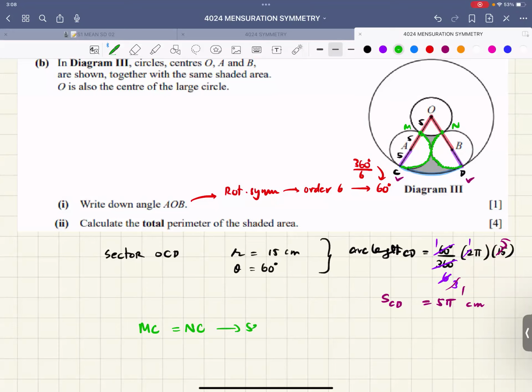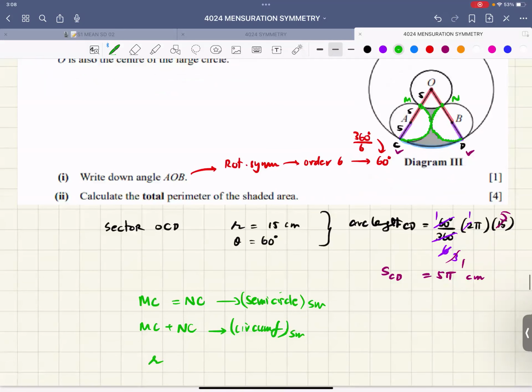That is the semicircle of the small circle. So MC plus NC is the circumference of the small circle because I'm adding it up.